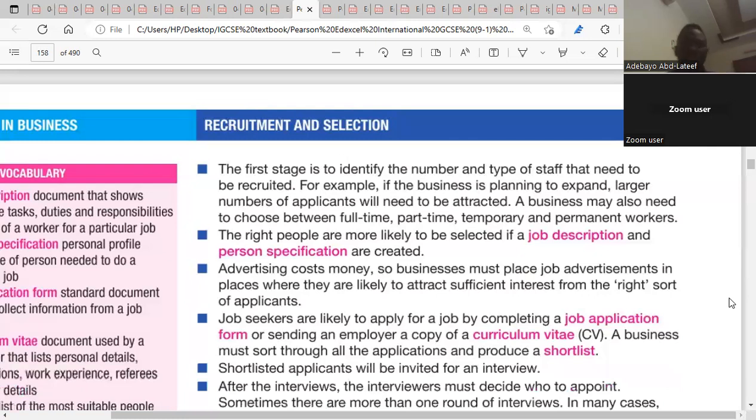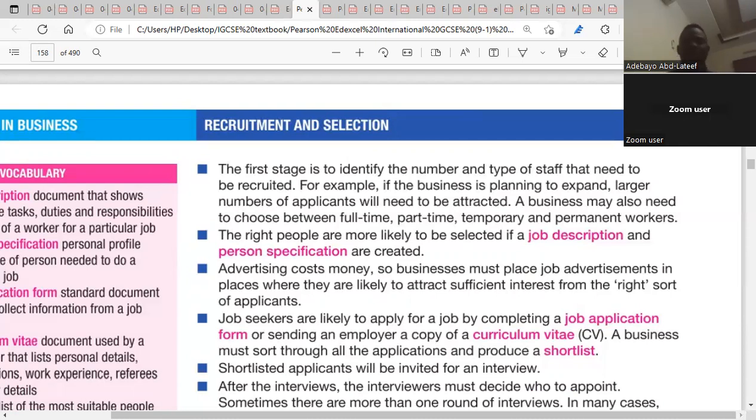The second stage is about job description and person specification. When you talk about job description, we're talking about the role, the responsibility of that person that would fill the position. We need an accountant. So the role of an accountant in this organization, that is the job description.